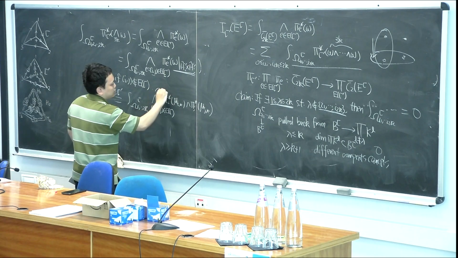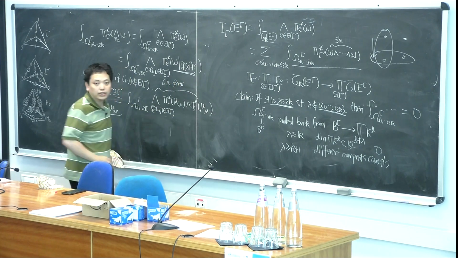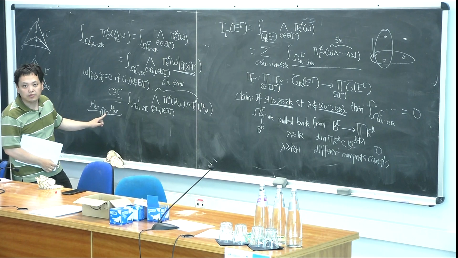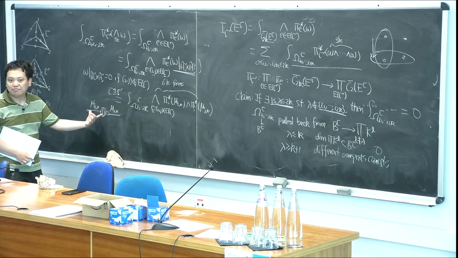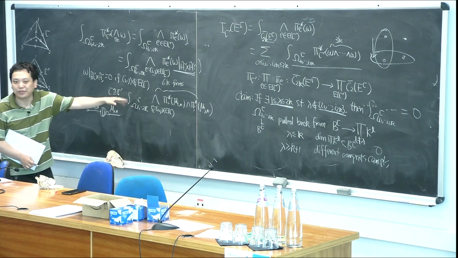So altogether, there are 6k differential forms. This is organized in terms of edges, but we can reorganize it in terms of vertices. There are 3k edges, but we can just reorder it.